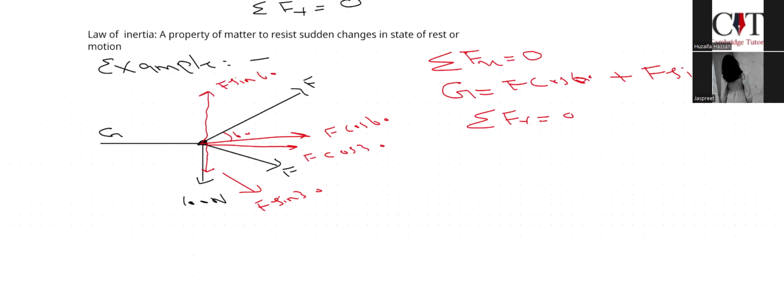See, in the y direction, F sine 60 equals 100 plus F sine 30. Okay, that's enough. So we can say the body is in equilibrium if both these cases are true.